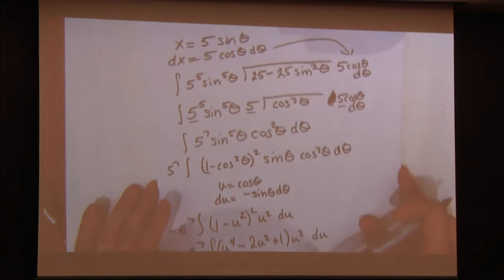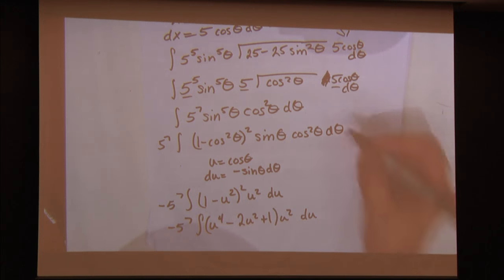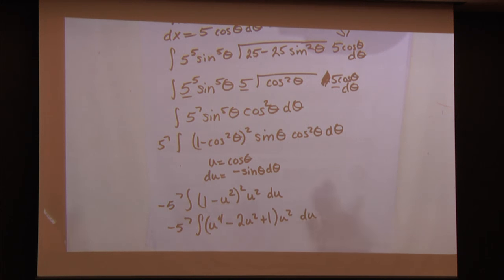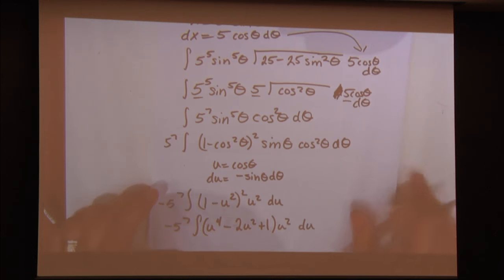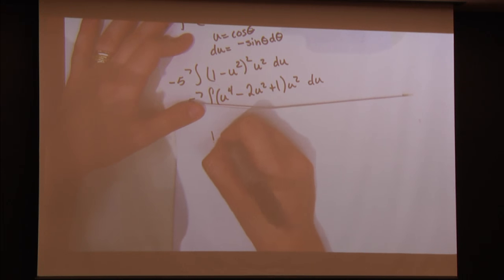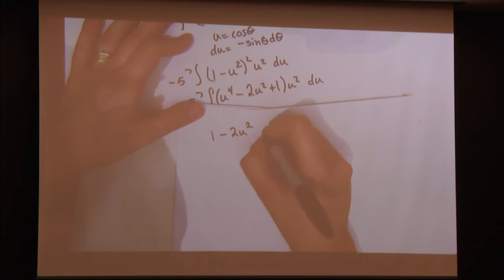You think my signs are wrong? From here to here, when I foiled? So if I have u squared, so negative 1, let me do it by hand then. I could double check. I don't think so, but maybe. So that would be 1 minus 2u squared.